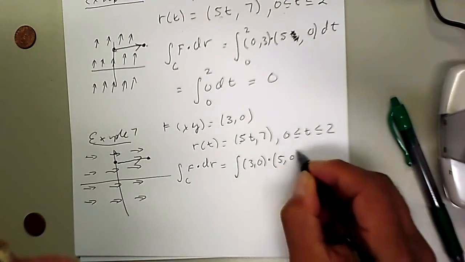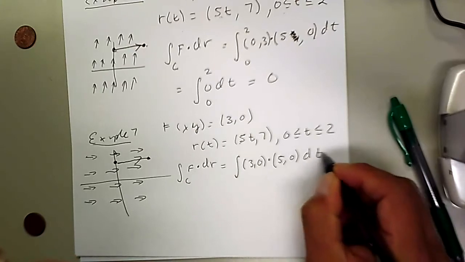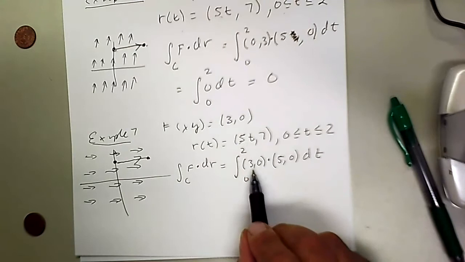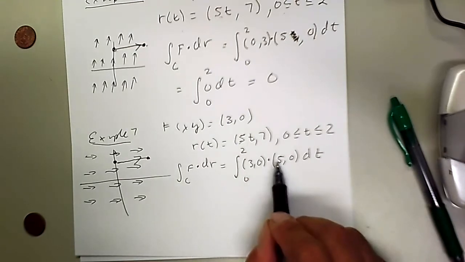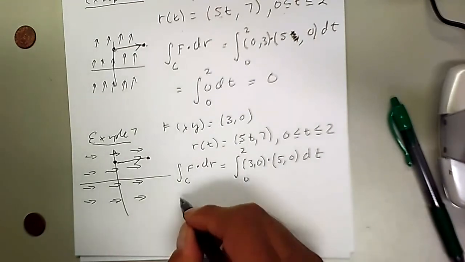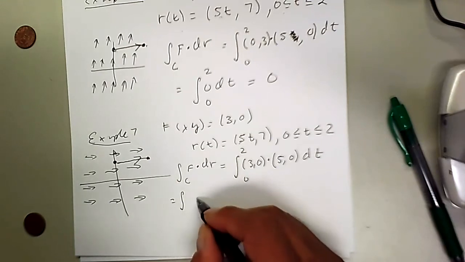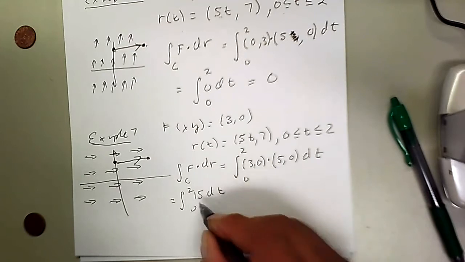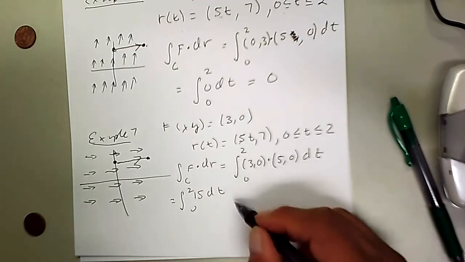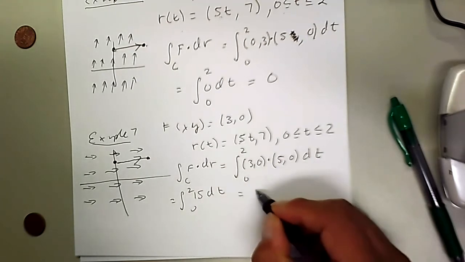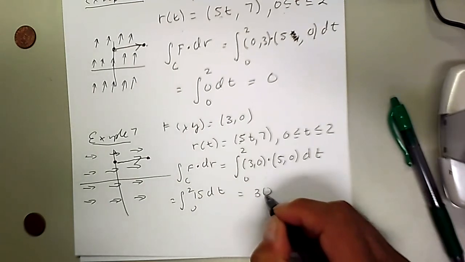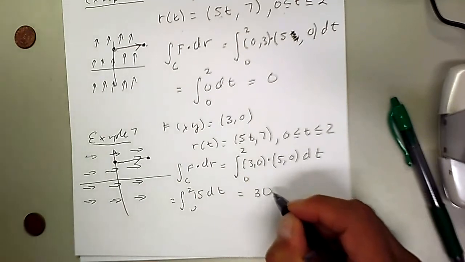Sure enough, with respect to t from 0 to 2. So that's going to give us 5 times 3, 15, integral of 15 with respect to t from 0 to 2. And of course, that is going to give us 15t, plug in the 2, plug in the 0, and that's going to give us 30.